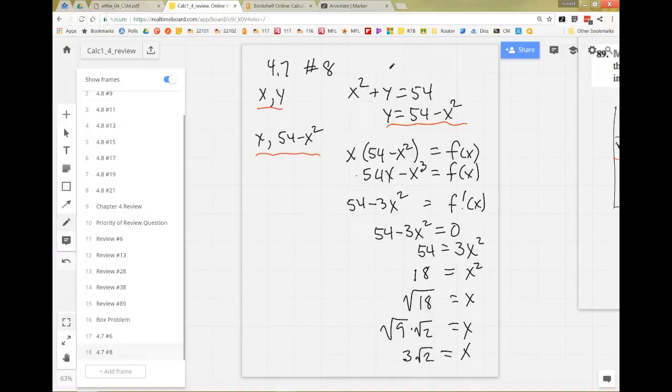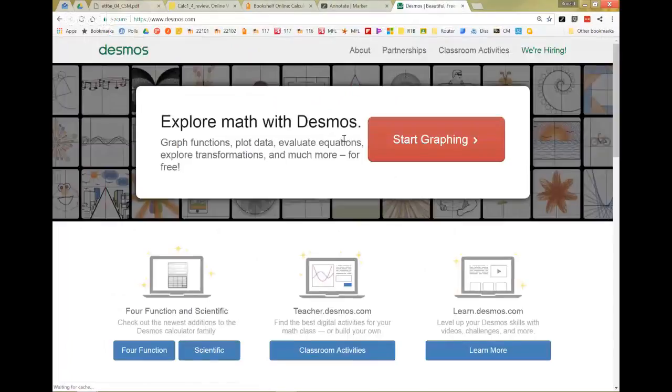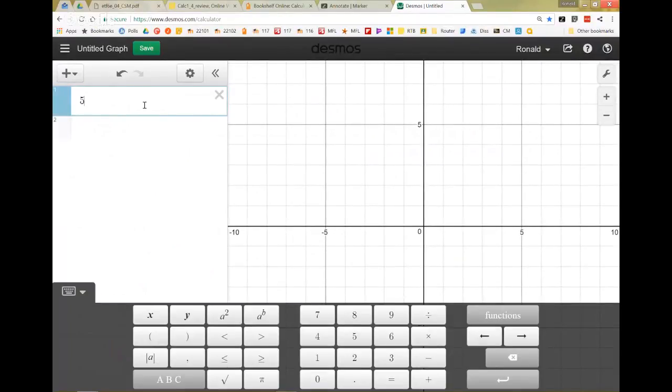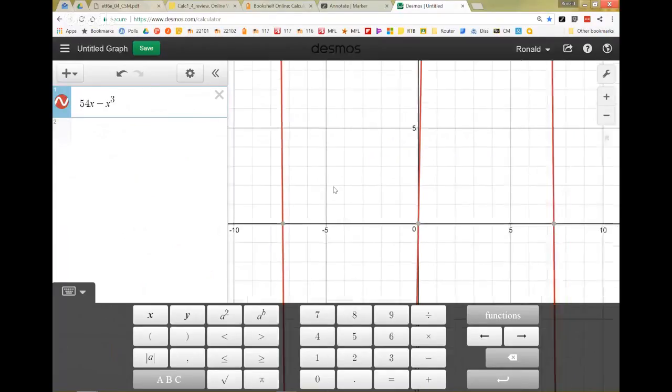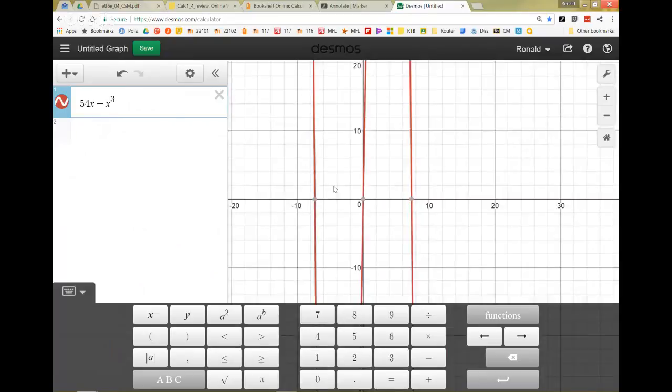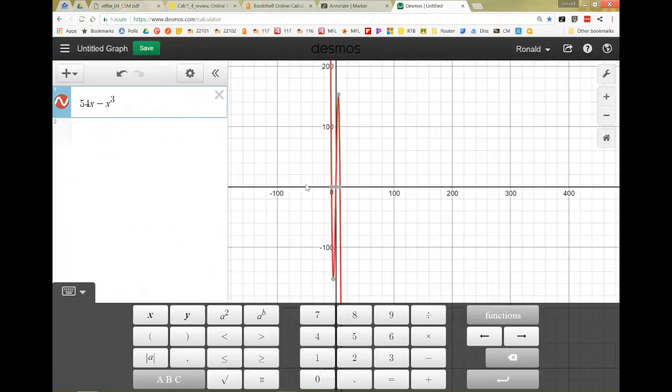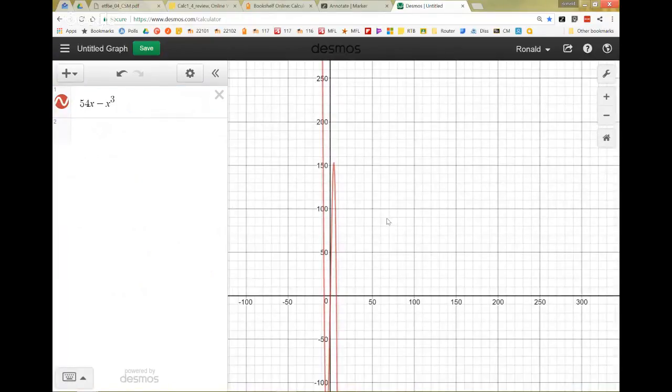Let's just take a look at that one in Desmos and just kind of confirm. So what do we got here? 54x minus x cubed is the function. We're looking for a max. We got to zoom out quite a bit. This is a typical cubic equation.